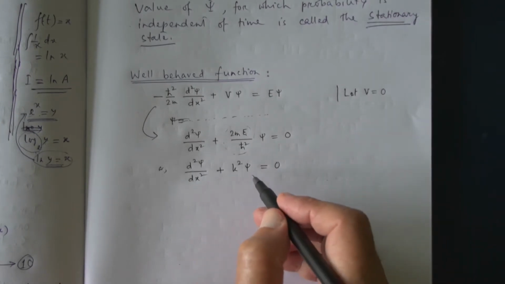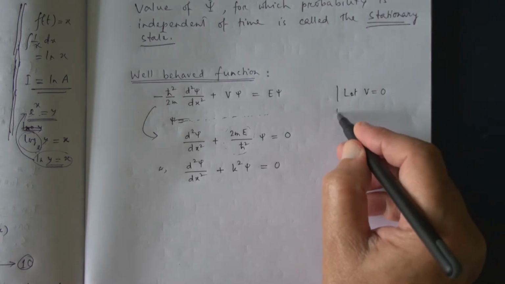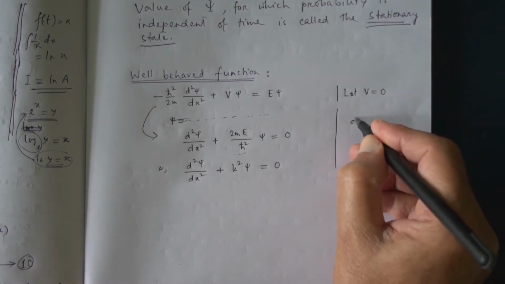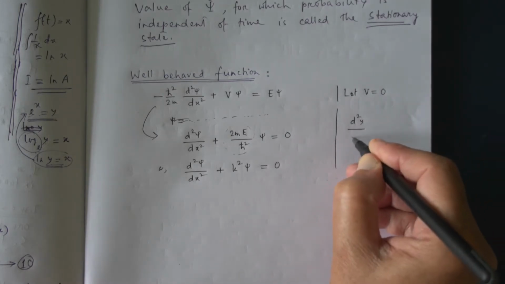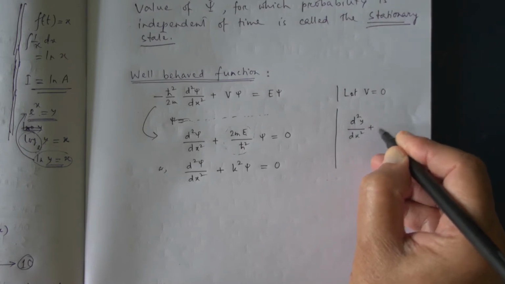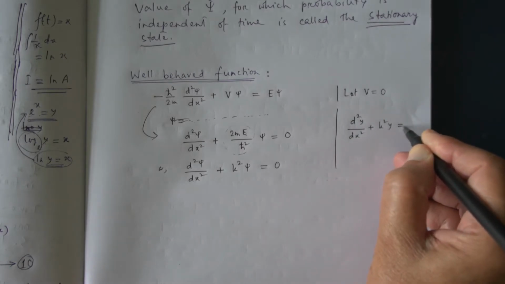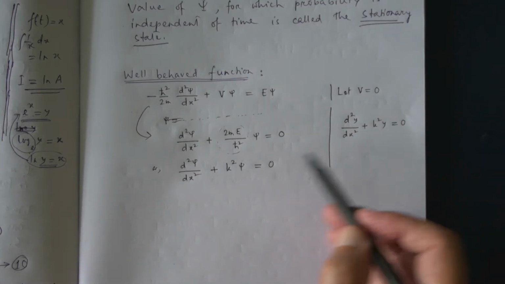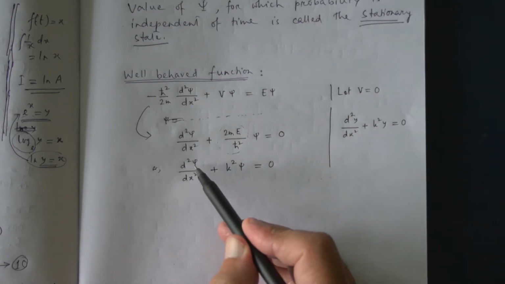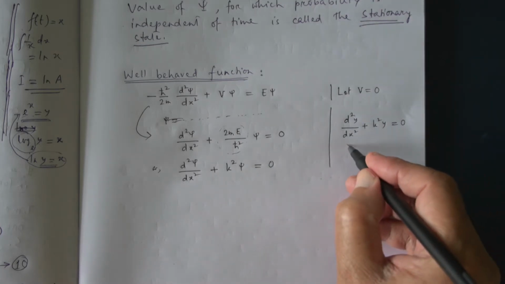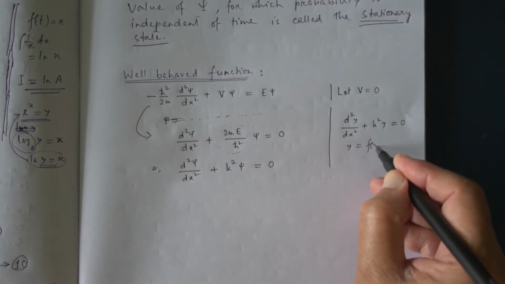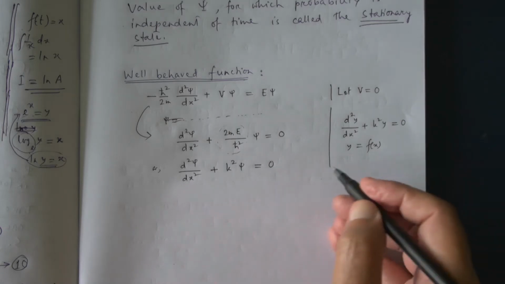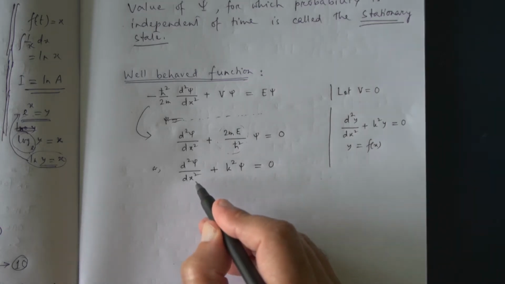Now we have this equation, and it is of the form d2y by dx square plus k square y equal to 0. Here in place of y we have psi. Here y is a function of x, and also psi is a function of x.